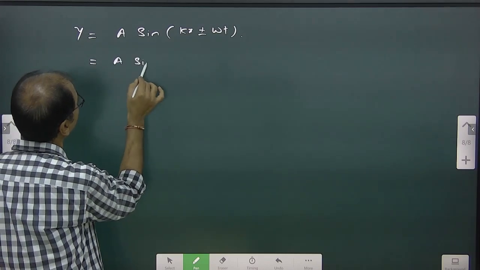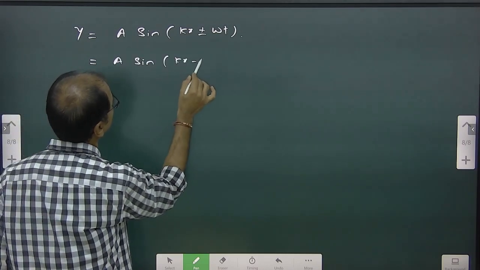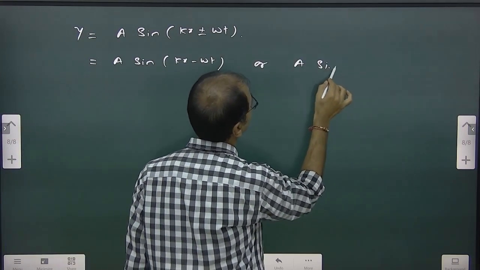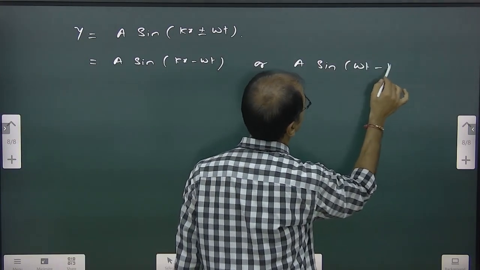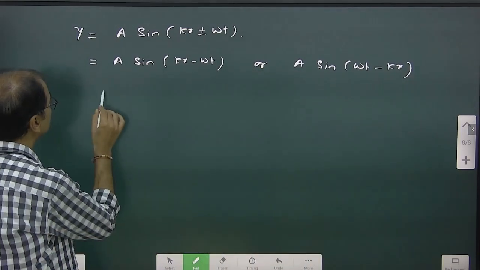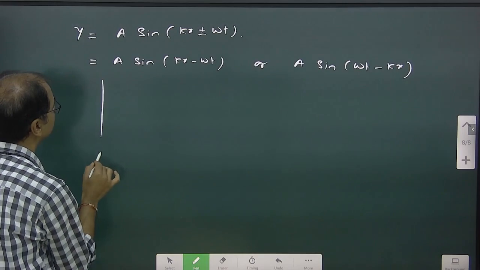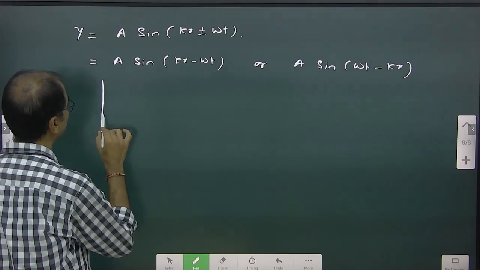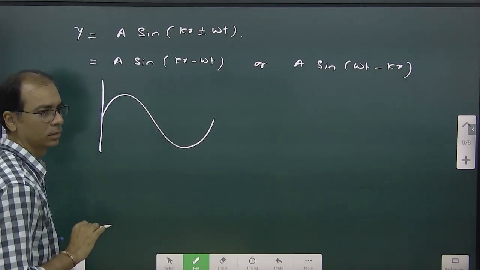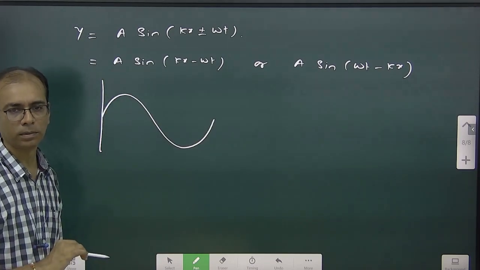Suppose this is sine of kx minus omega t, or sine of omega t minus kx. What is the difference between the two? The difference is the initial phase. If it is sine kx minus omega t, the wave is generated in this way.